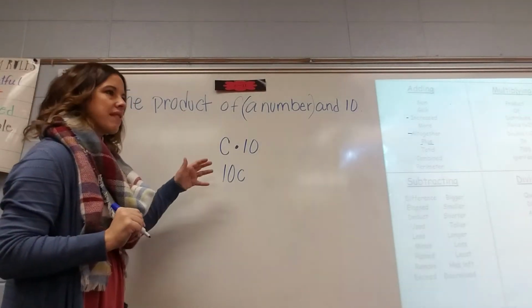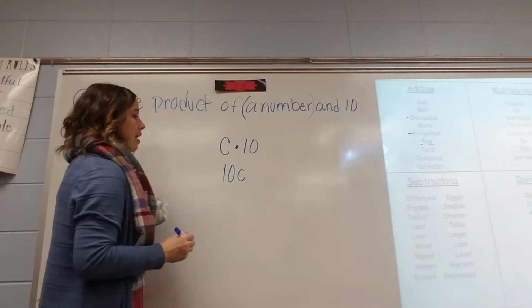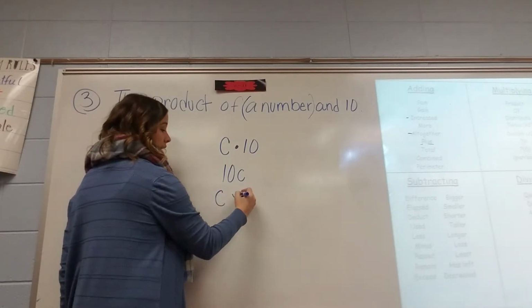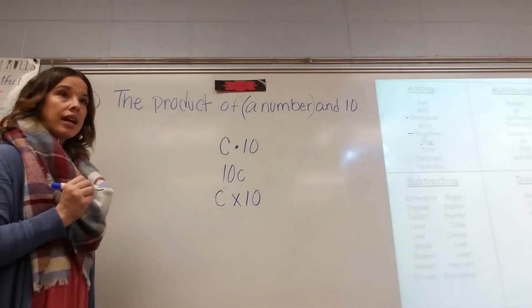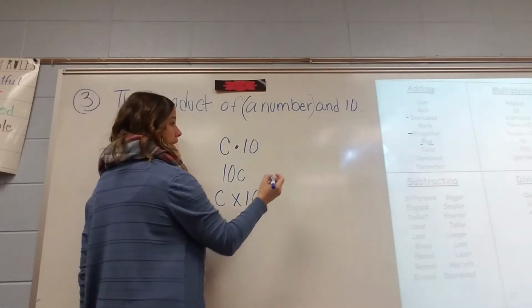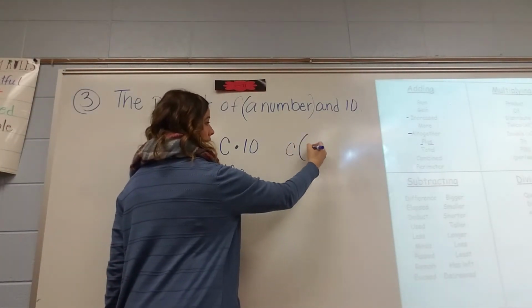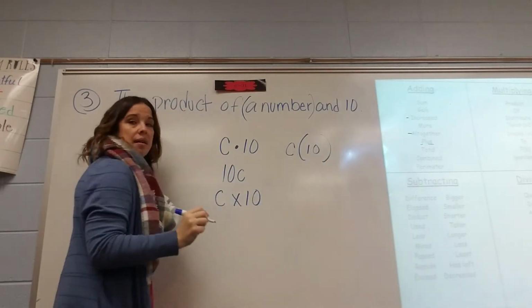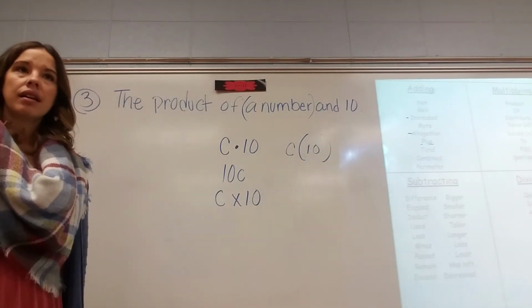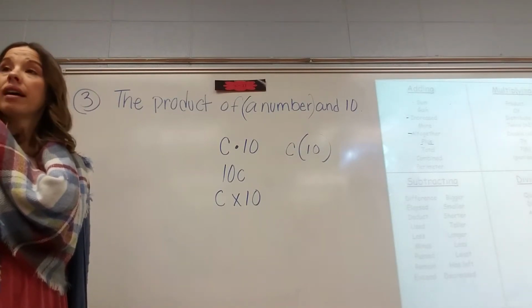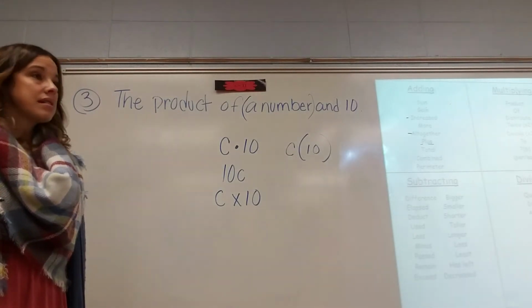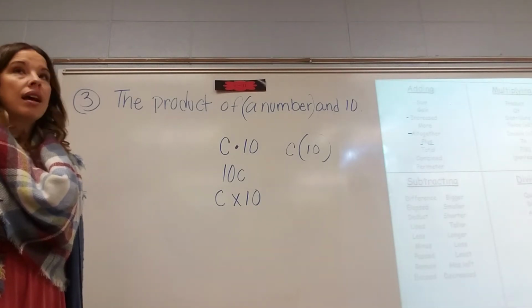So I don't have to reverse anything if I don't want to. Or you could do c times 10 that way. Or I could also separate it as c parentheses 10, because doesn't that mean to multiply? That makes sense, guys? Okay.